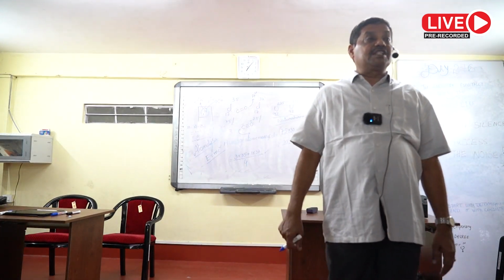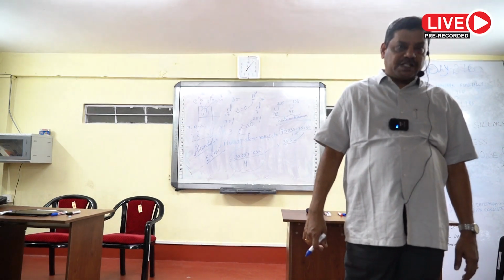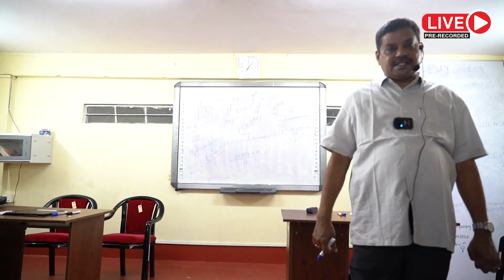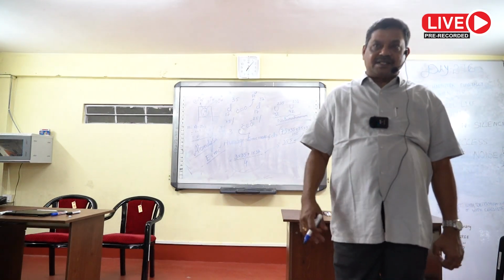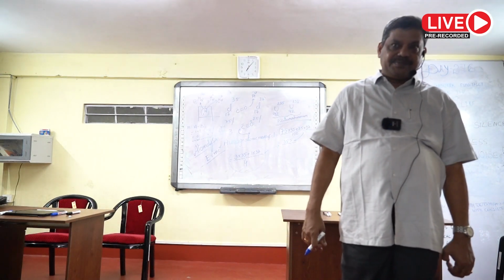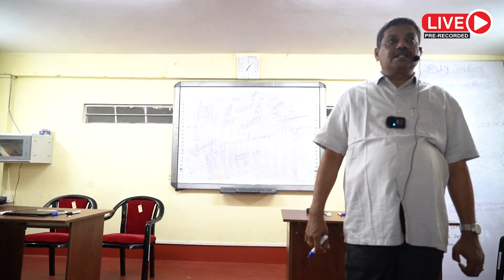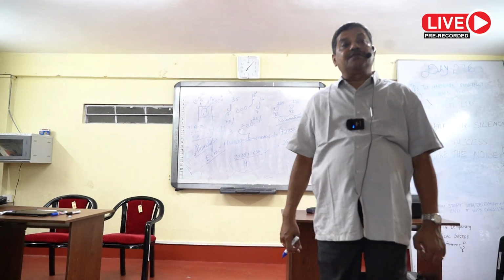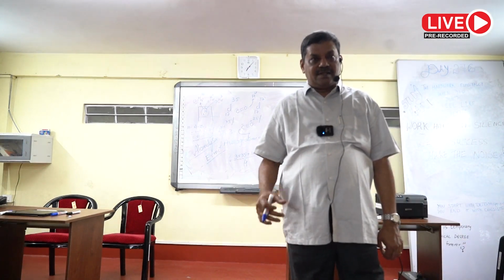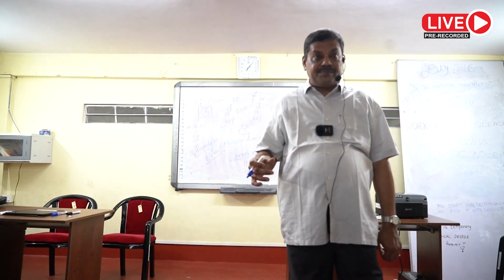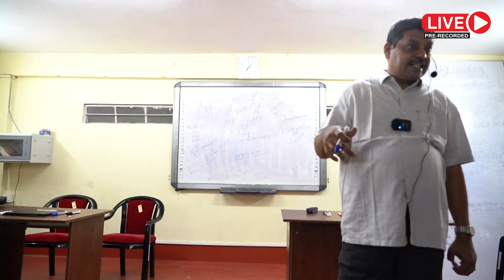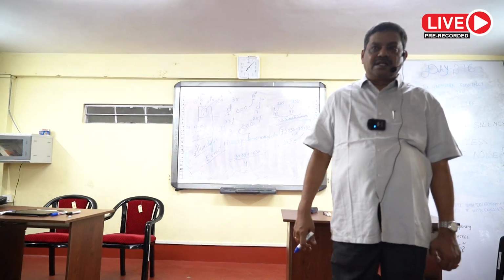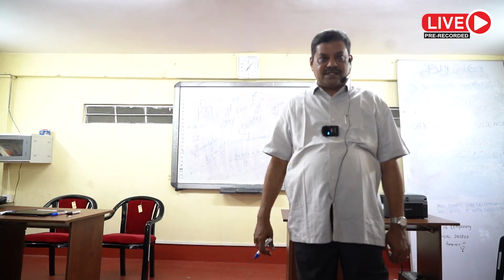So dangerous, one of the most poisonous gases present on the earth is carbon monoxide. Generally it is liberated whenever you burn fossil fuels. Fossil fuels, whatever petrol, diesel, kerosene, the fuels we are using, they are called fossil fuels.